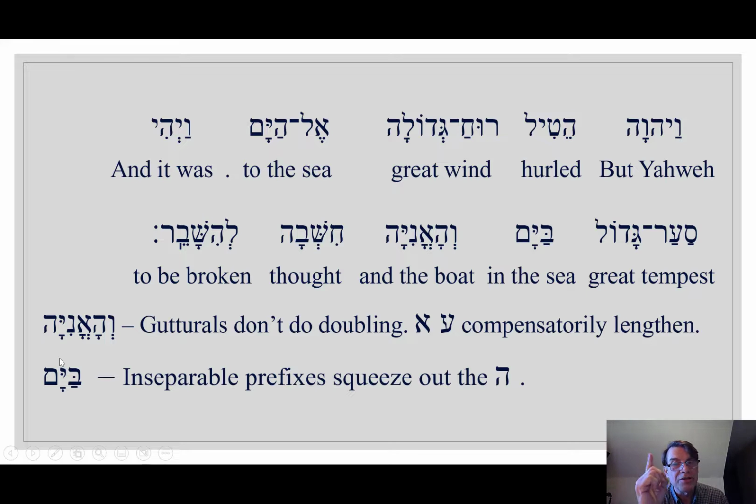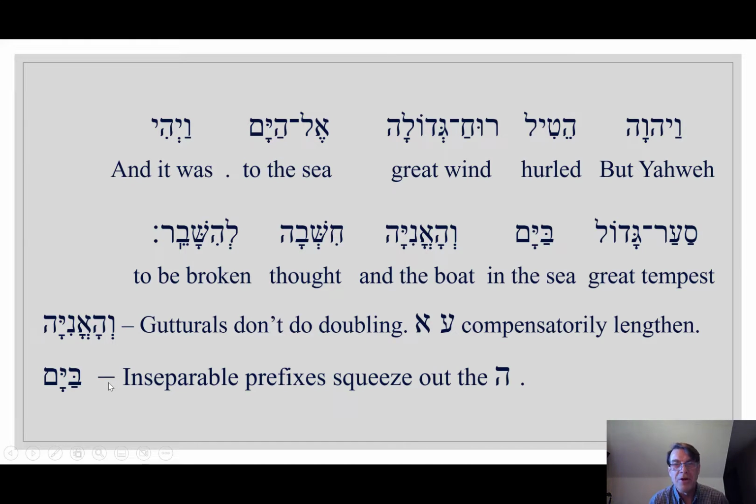One more thing I'm going to try to squeeze in here, that there is a hidden patak doubling in the sea. Remember I said this was in the sea? We had the sea up here, hayam, and then we have in the sea, bayam, down here. Well, you can see that the letters are very similar. The yam is the same of the sea, and the patak is the same, and the doubling is the same. And the bet I know is "in." So what happened to the hey? What the hey? What happened to the hey? Well, it's like a pimple.